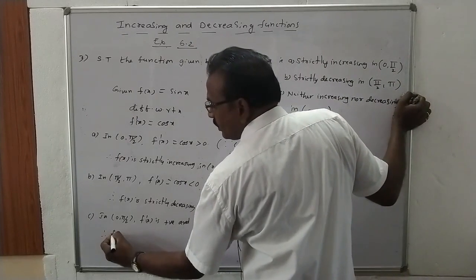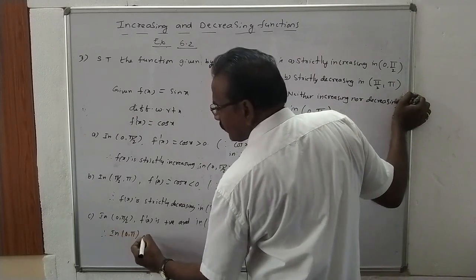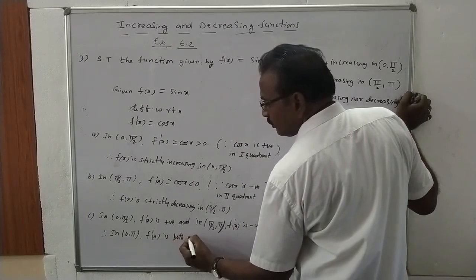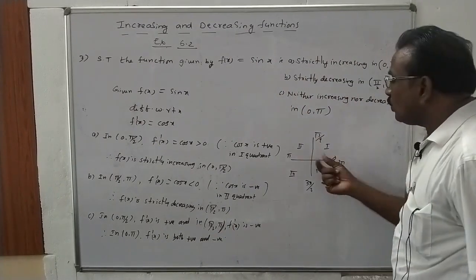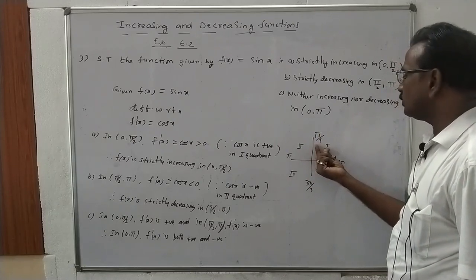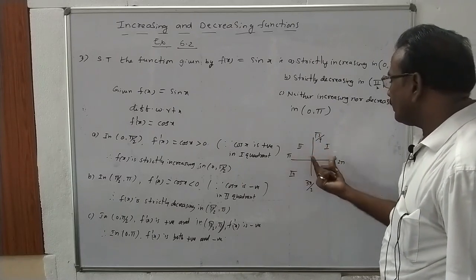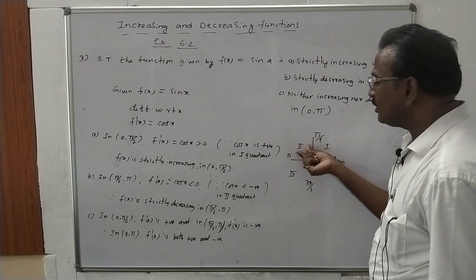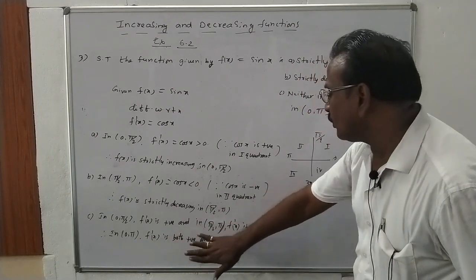So therefore here in the interval 0 comma pi, f dash x is both positive and negative, because 0 to pi means first quadrant and second quadrant. In the first quadrant f dash x, that is cos x, is positive. In the second quadrant cos x is negative. In the interval 0 comma pi, sometimes cos x is positive, sometimes cos x is negative. Therefore in the open interval 0 comma pi, f dash x is both positive and negative.